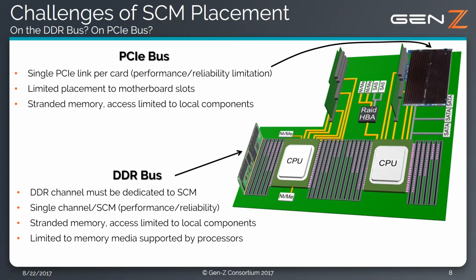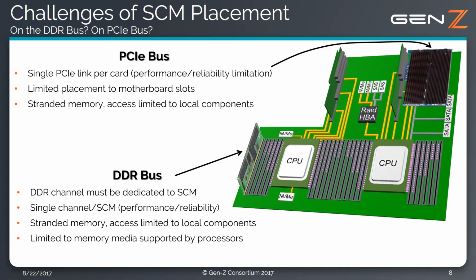NVDIMM-P have good capacity, although not as high as PCI cards. The challenge with NVDIMM-P is that the CPUs have to be made to slow the DDR channels down to allow the slower storage class memory to operate correctly. This also eliminates the ability to share the DDR channel between NVDIMM-P DIMMs and standard DRAM DIMMs. This means that we're sacrificing precious DRAM memory channels for the capacity and persistence of storage class memory.